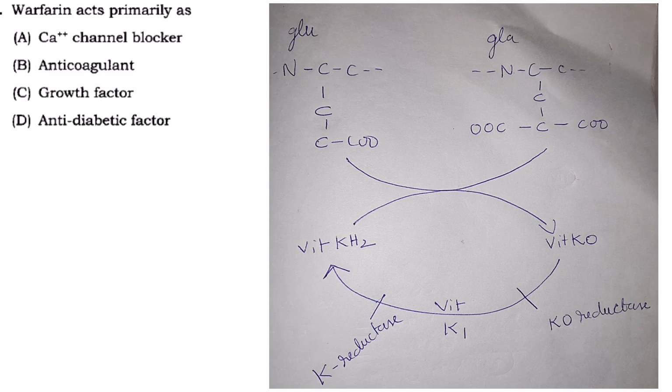Then next one, warfarin acts primarily as. Now there are certain coagulation factors, that is 2, 7, 9 and 10, which require the gamma carboxylation by vitamin K for them to have normal biological activity.